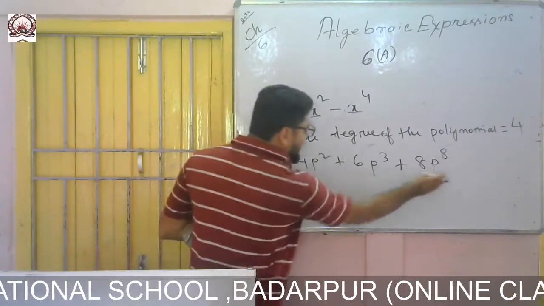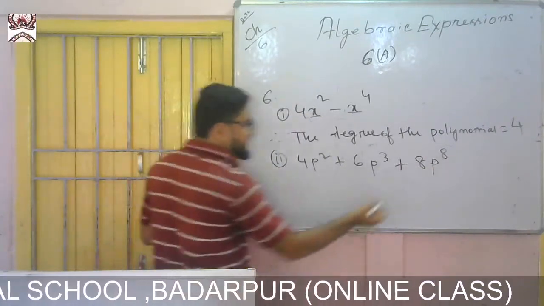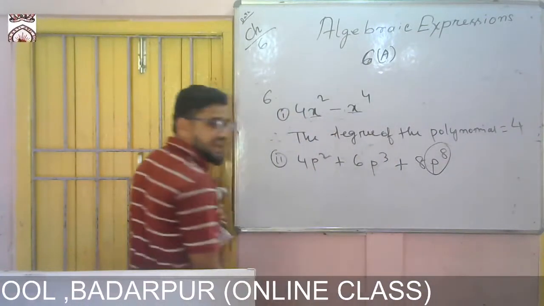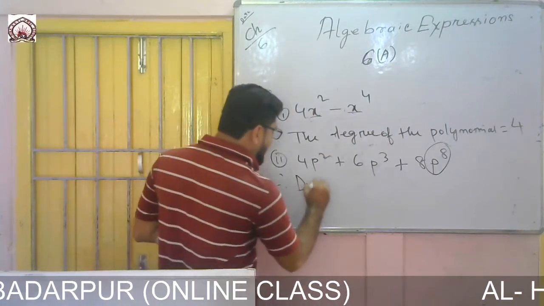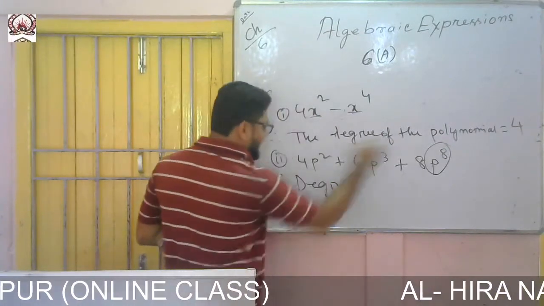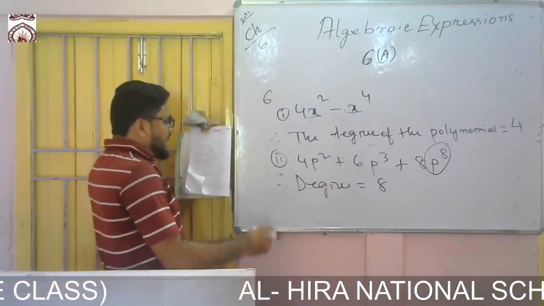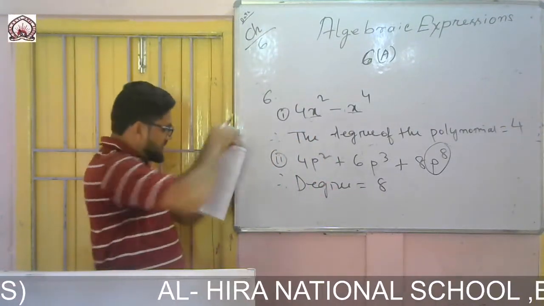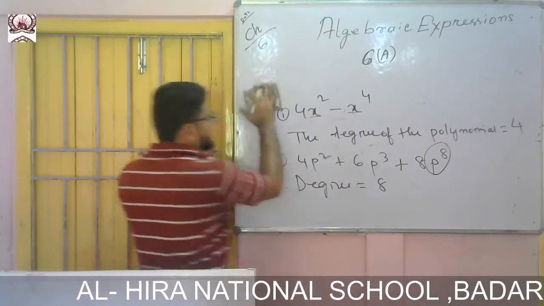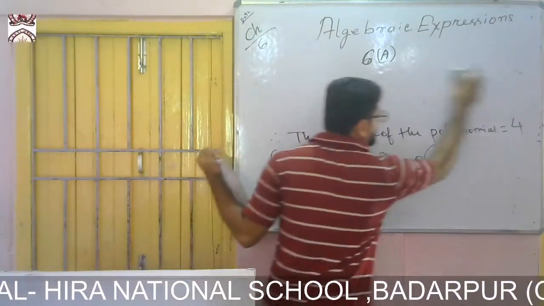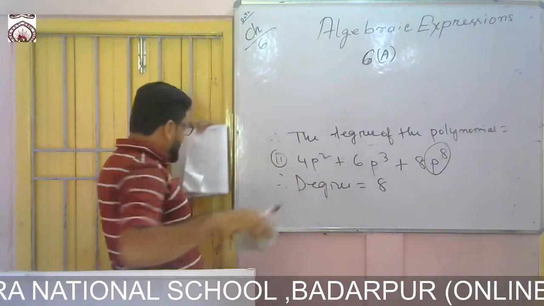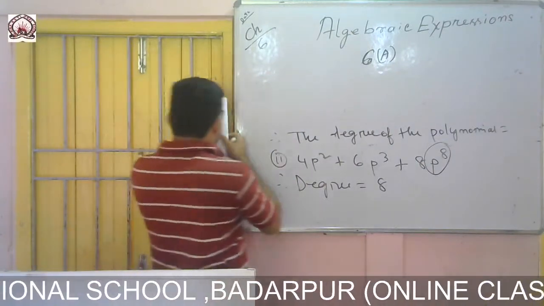So the degree of the polynomial will be 8, because the highest power of p is 8. Therefore, I am writing just the degree, you write the full sentence. Degree is 8. Like this, you come to question number 3. In question number 3, what is there?